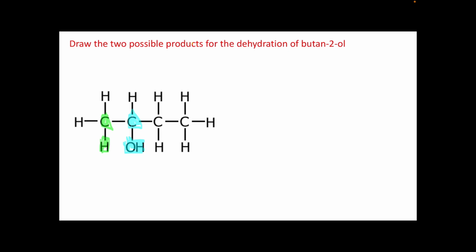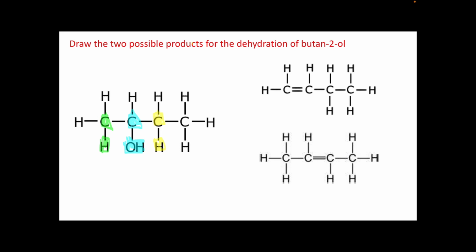And if that happens, you get but-1-ene. So you get the double bond forming on carbons 1 and 2. Alternatively, the OH could still be removed from the second carbon, but the hydrogen could be removed from this third carbon. And in that case, you're going to get but-2-ene. So the double bond forms between carbons 2 and 3.